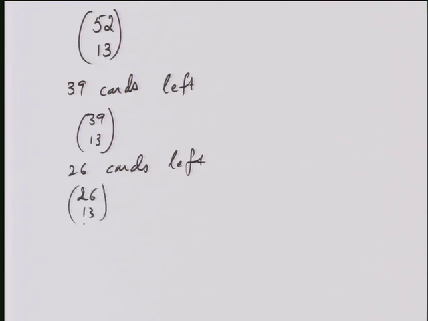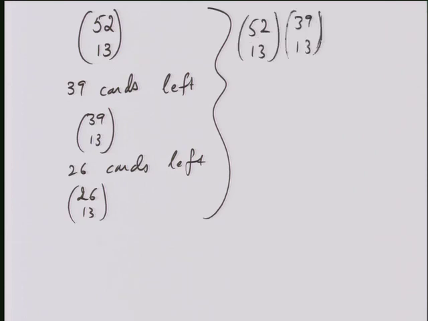Now there are 13 cards left. How many ways are there of choosing 13 to give? 13 choose 13. So the total number is 52 choose 13 times 39 choose 13 times 26 choose 13 times 13 choose 13.